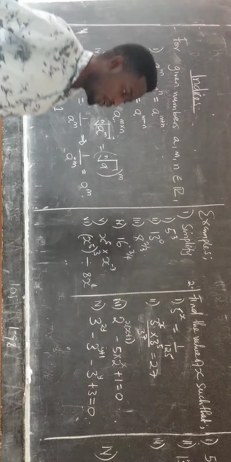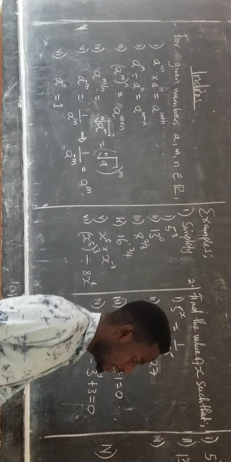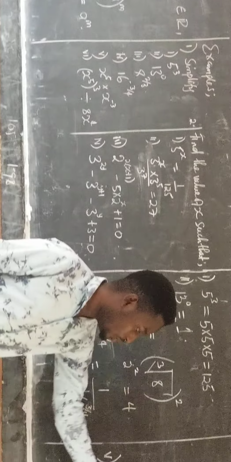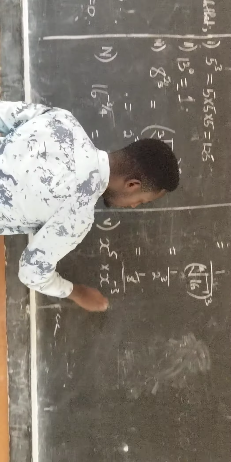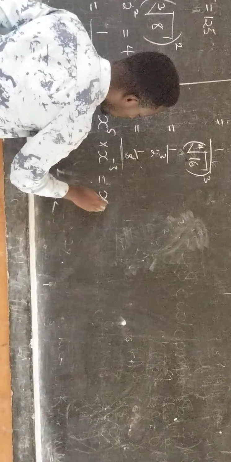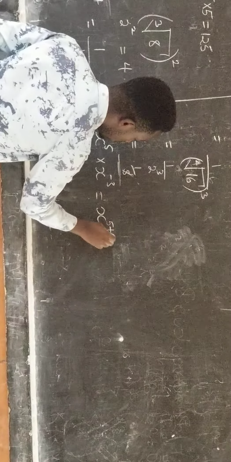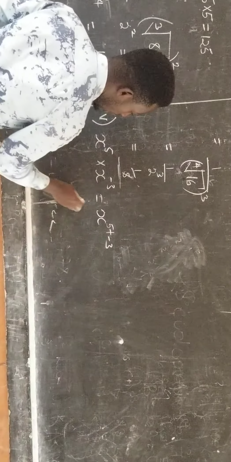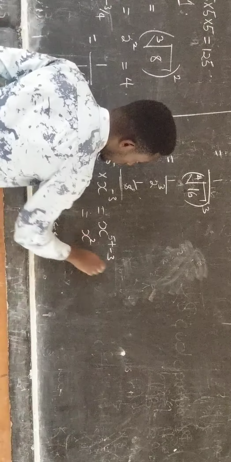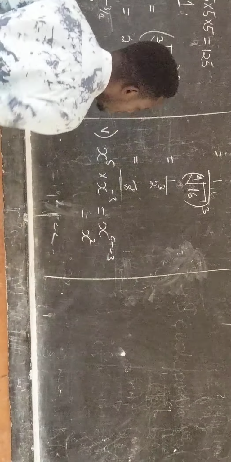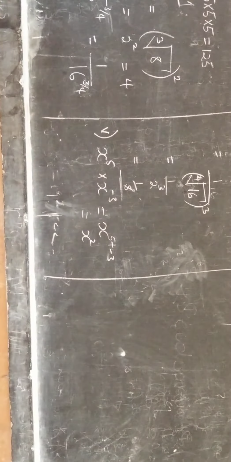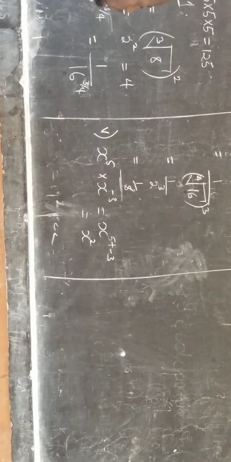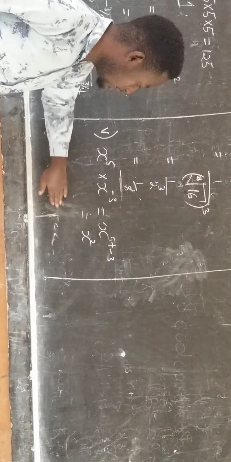Here we have the same base, x, so we're just going to add the powers. So this is x power 5 plus minus 3, because 5 plus minus 3 is 5 minus 3, which is actually x squared.